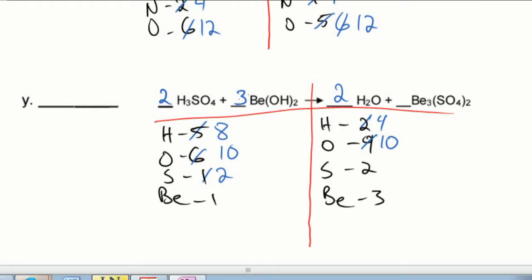Let's put a 3 there. 3 berylliums. 6 oxygens plus another 4 is 8, is 12. Oh, that's 14. And then hydrogens, 3 times 2 is 6, plus another 6 is 12.